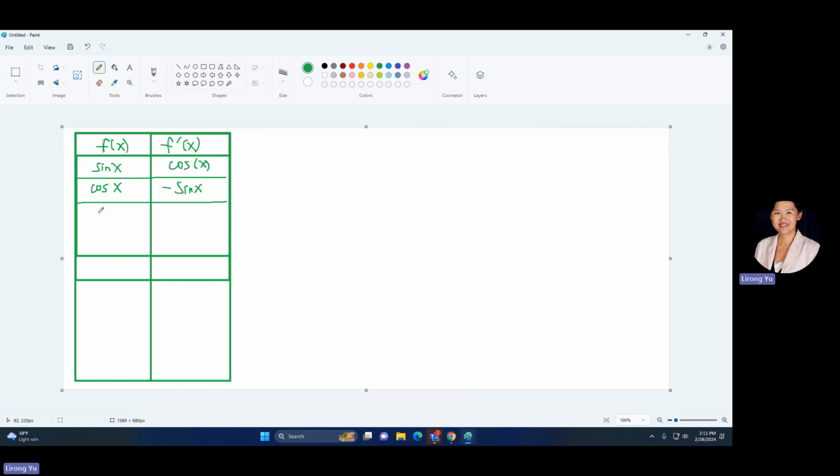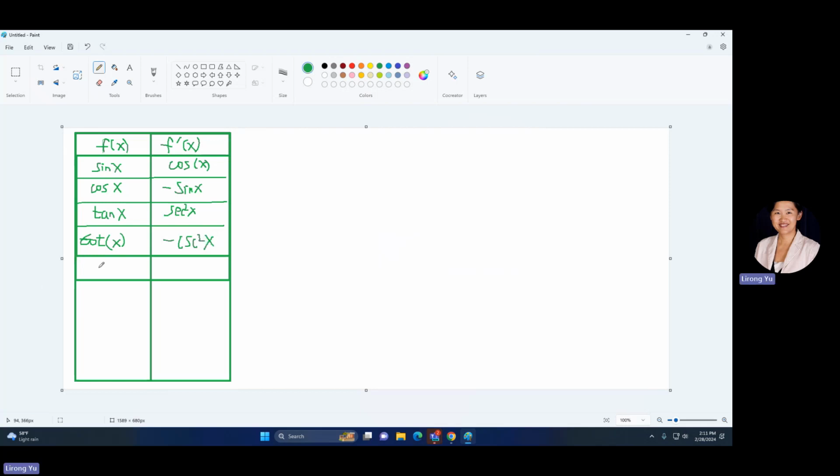The derivative of cosine is negative sine. And then the derivative of tangent is secant squared of x. The derivative of cotangent is negative cosecant squared of x.